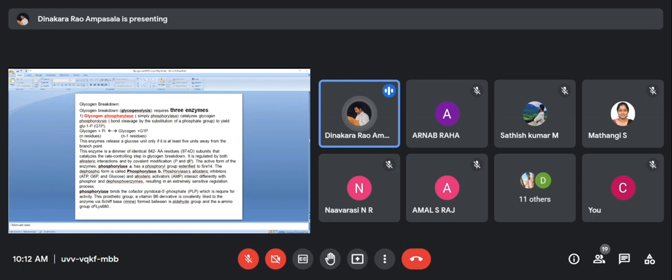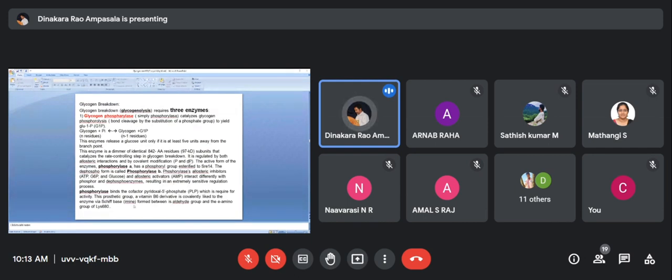Phosphorylase binds the cofactor pyridoxal 5-phosphate, which is required for activity. So pyridoxal 5-phosphate is the cofactor for this enzyme. If pyridoxal 5-phosphate is removed, the enzyme will be inactivated.